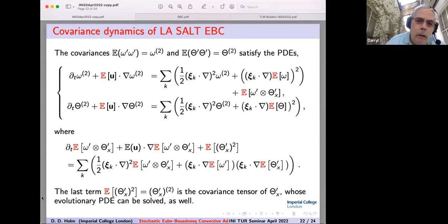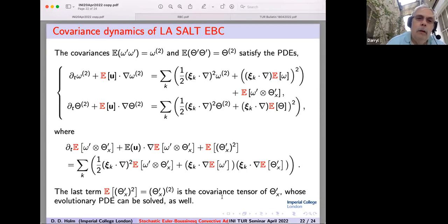On the other hand, the cross correlation obeys a PDE also, and so this is a PDE for the cross correlation. Now this one has the same form as the other ones on the right hand side, but that one produces the expectation of the covariance of the derivative of the temperature, but that term actually has an equation too.